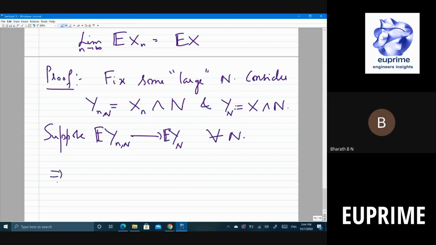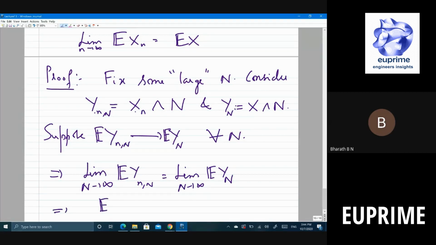So this implies the limit as n tends to infinity of the expected value of Yn is equal to the limit of the expected value of Yn. What is this whole thing, the limit as n tends to infinity of the expected value of Yn comma n? Yn comma n is the minimum of Xn and n. By the previous theorem, this is nothing but the expected value of Xn, the limit as n tends to infinity.